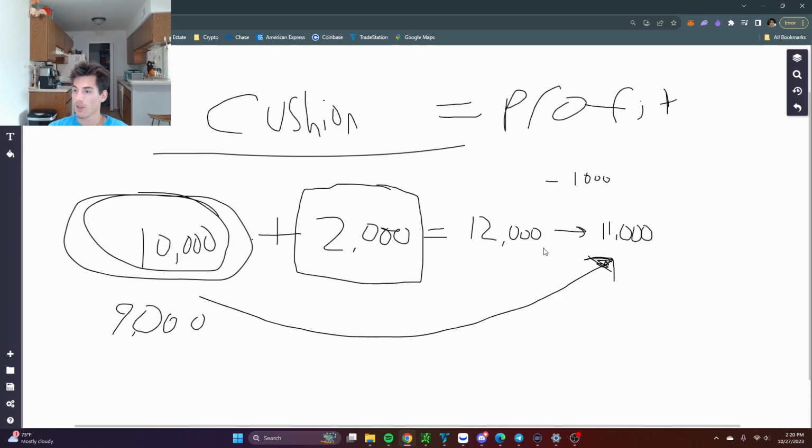So the idea also of building a cushion is that you can take a little bit higher risk trades, right? You don't want to come out swinging when you deposit $10,000 or just whatever your deposit amount is. You don't want to just come out swinging and go crazy, right?